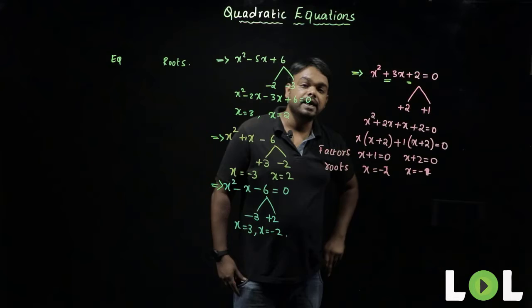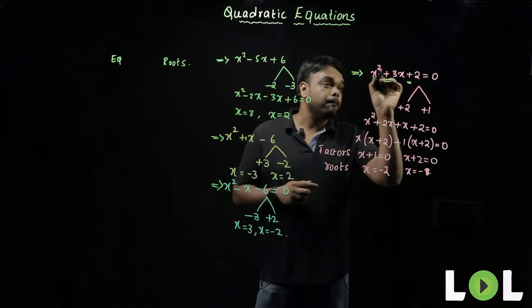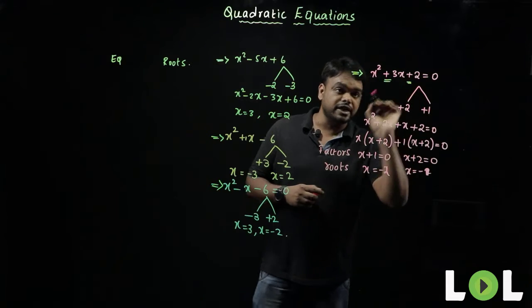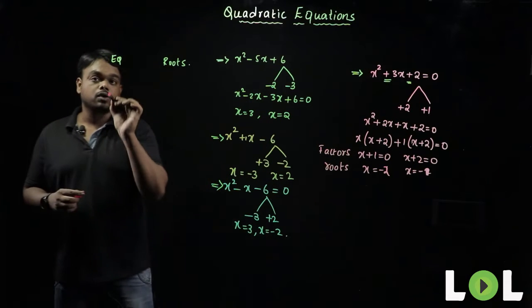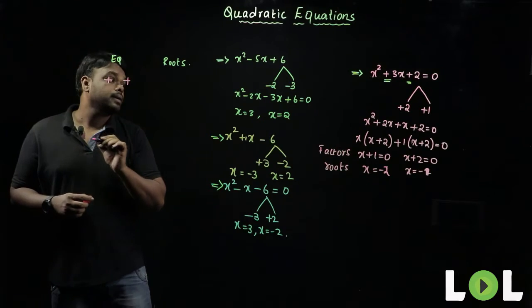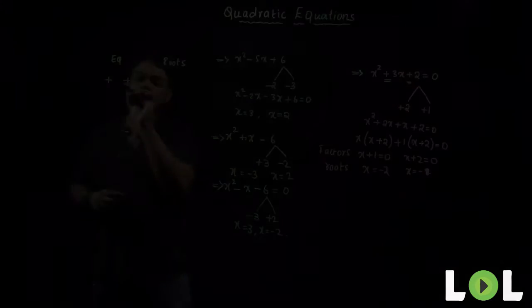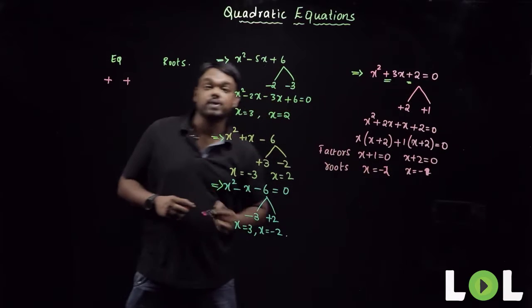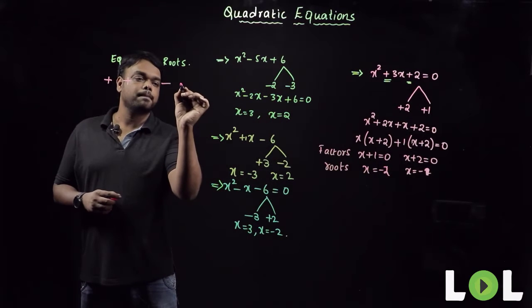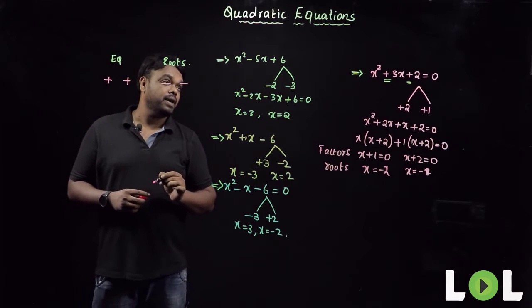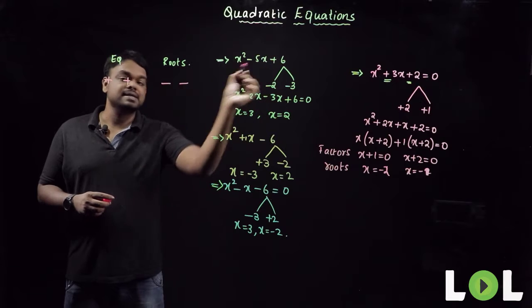Here we have x coefficient 3 with a positive sign and the constant is also positive. If the constant and the x part are both positive, what are the roots? Minus 2, minus 1. So these roots become minus. Am I right? Perfect. Now in the second equation, we have minus and plus.